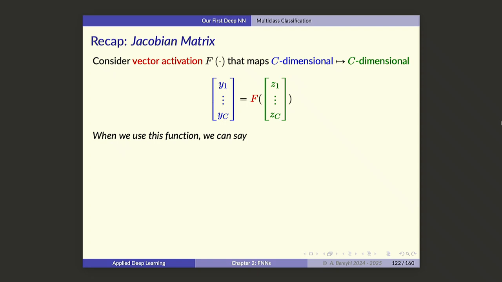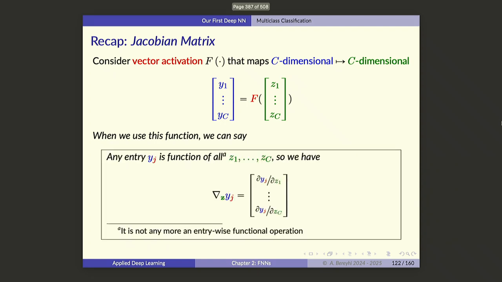So the function f is a C-dimensional to C-dimensional function. It's going to get this whole input, z1 to zc, and compute the whole output for you. Now every single yj is going to have one whole gradient. If you collect all of these gradients together, you end up with one matrix, which we call the Jacobian matrix.